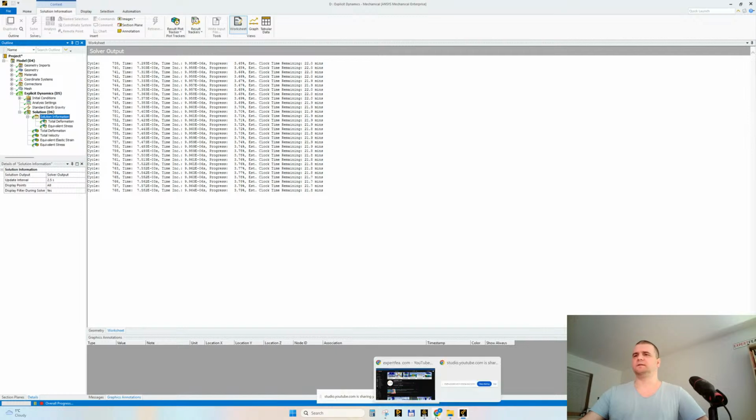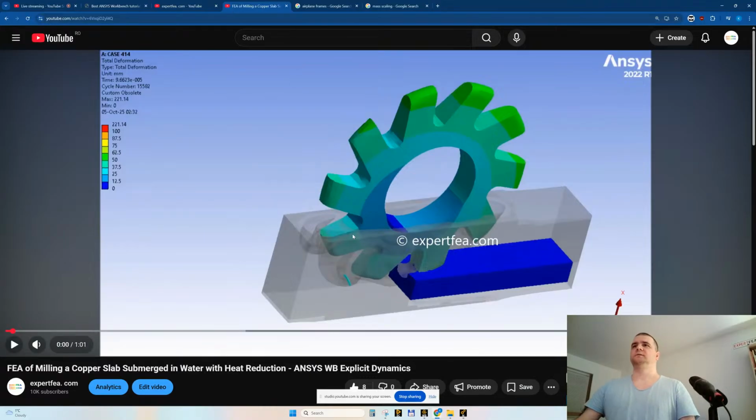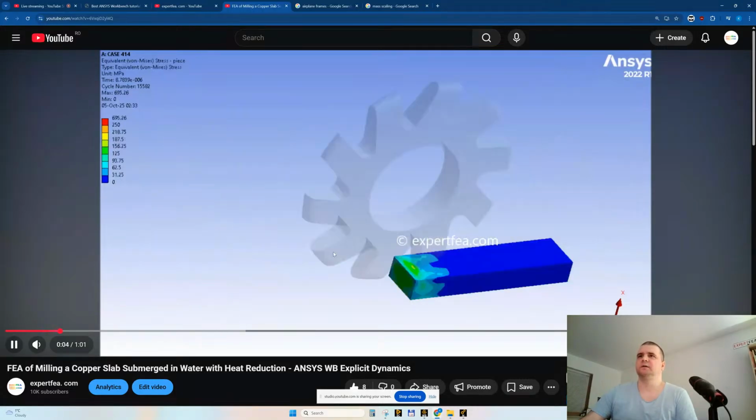Let's leave it like this, and let's also check some FEA. I cannot show you coupled Eulerian-Lagrangian in ANSYS because almost nobody did, but I can show you. This takes place in water, by the way.